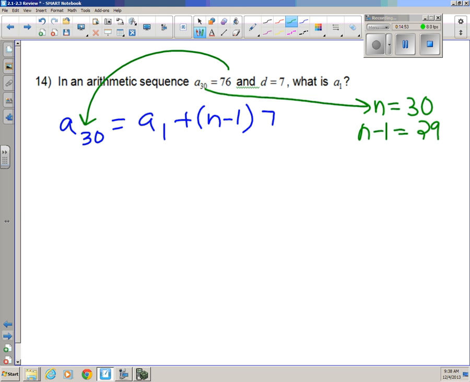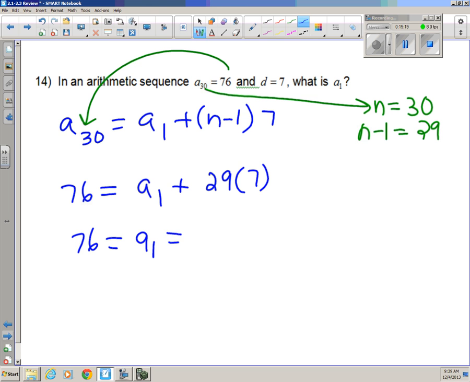And again, we don't know a sub 1. That's what we're trying to find out. So we're going to replace the 30th term with its value. The value out 30 places is 76. I don't know my first term, but I know I need 29 more of those common differences. When I start doing the math here, what ends up happening is I get 76. My value at the 30th term is going to be, whoopsie, a sub 1, my first term which I'm looking for, plus 203, the product of 29 and 7.